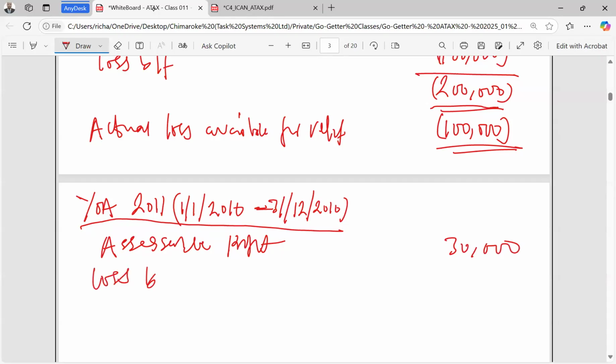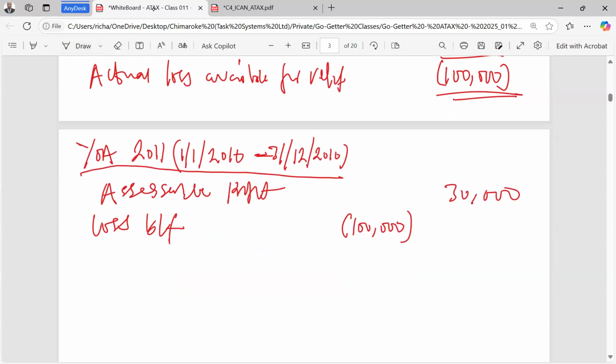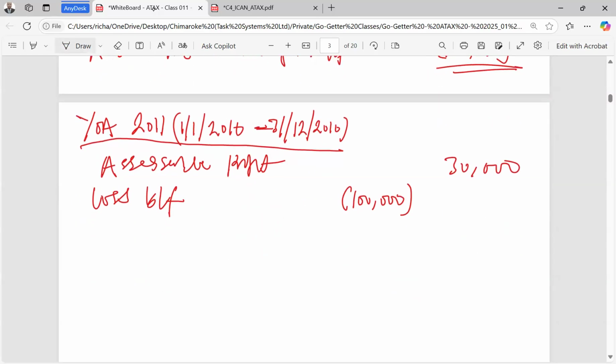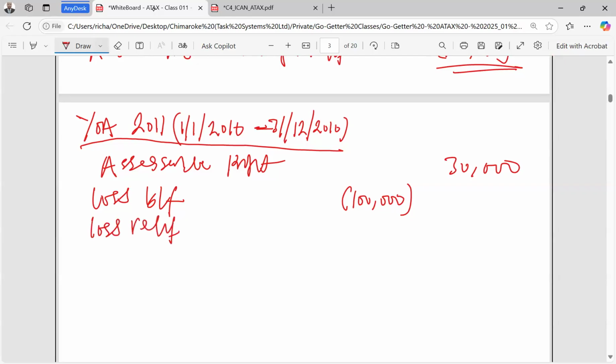Loss brought forward. Let me bring the loss brought forward here. 100,000. Now, the loss you are bringing forward, you have 100,000 debts to pay, but you only have 30,000 naira cash. So what you do now is loss relief.